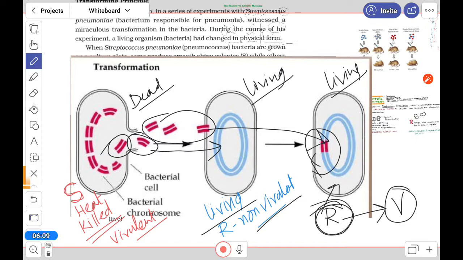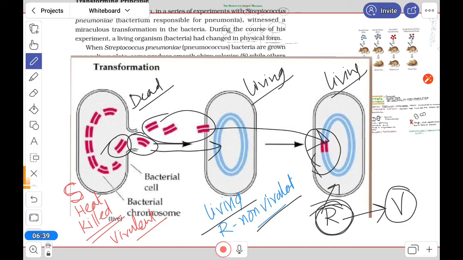So I think you got the fact of bacterial transformation: when two bacteria are side by side, they can share genetic material from one to another. Even if one is apparently dead, meaning the protoplasm has coagulated, the genetic material can still be shifted, because genetic material will not die.